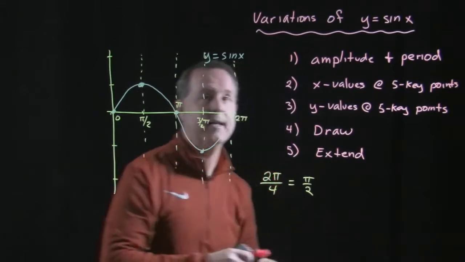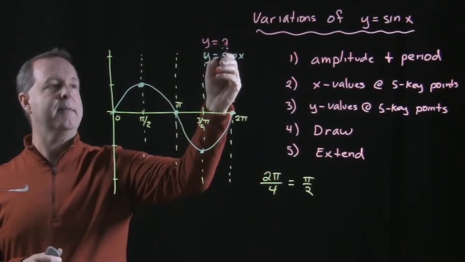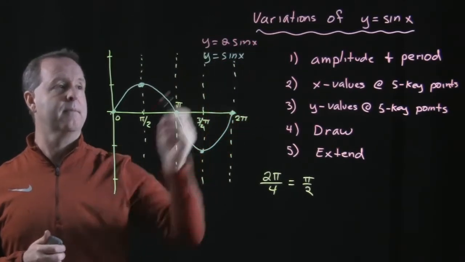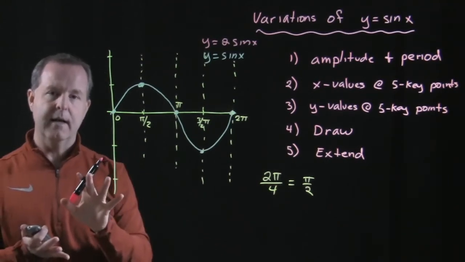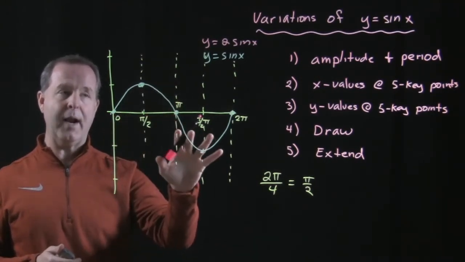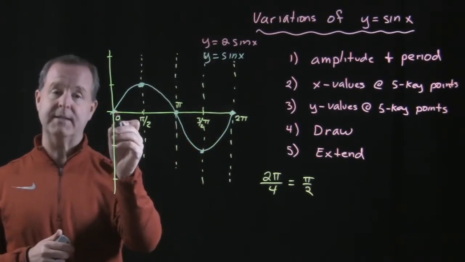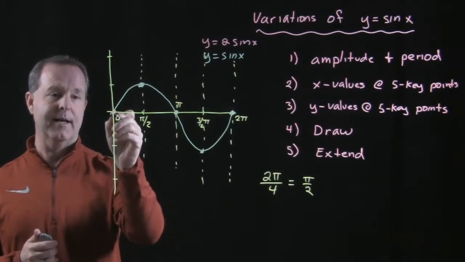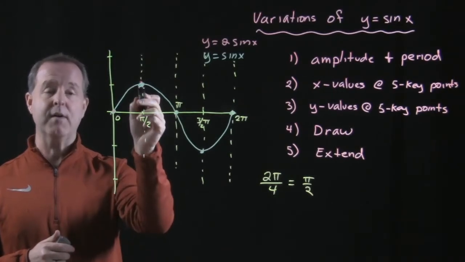So let's imagine then that I'm going to look at this graph and I'm going to look at another one that's maybe y equals 2 times the sine of x. So what do you imagine is going to happen with that? You're right. That's going to take every point on my graph and multiply it by a factor of 2. So this first point that's at 0, if I multiply that 0 by a factor of 2, I still have a 0. This next point at pi halves has a value of 1.